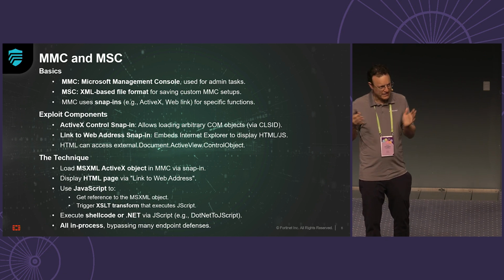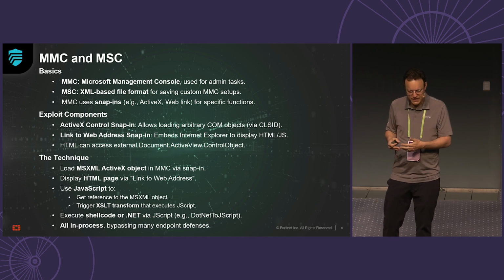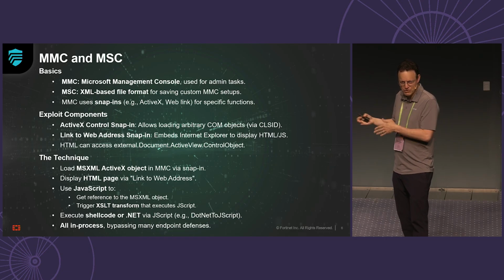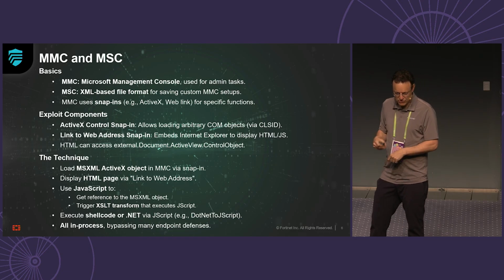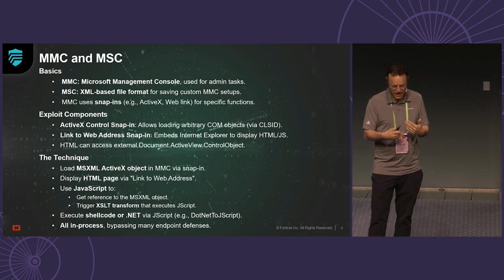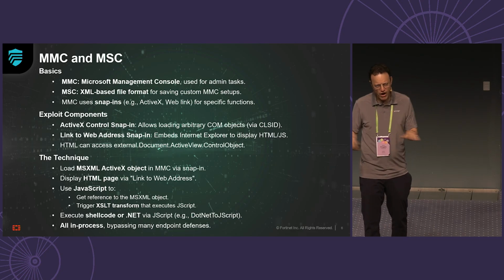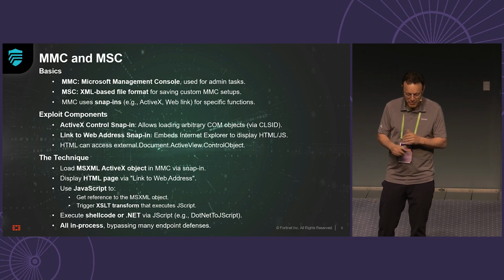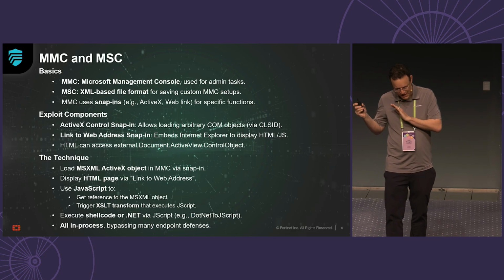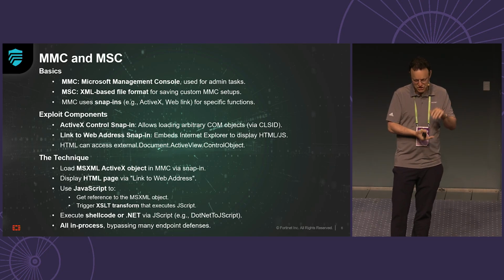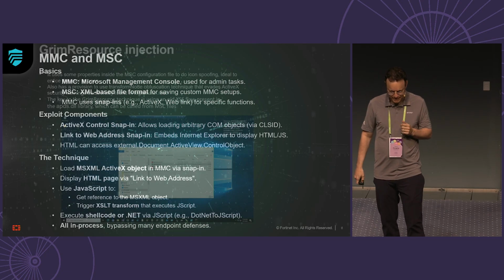Then you can execute shellcode via .NET, using .NET to JScript to do the deobfuscation and conversion. This all happens in memory, bypassing endpoint defenses, right? Everything is executed inside the legitimate signed Windows binary.